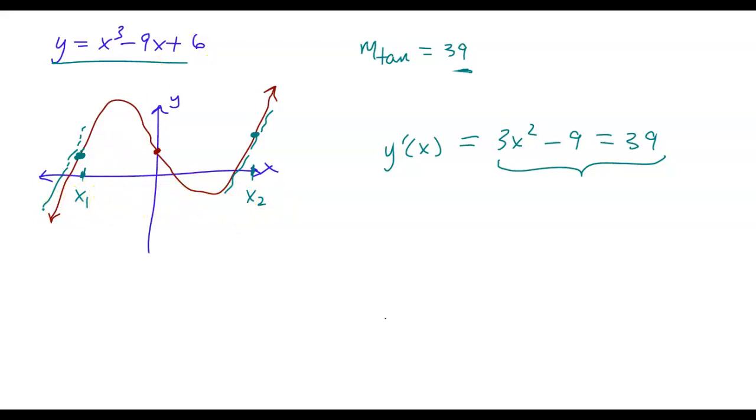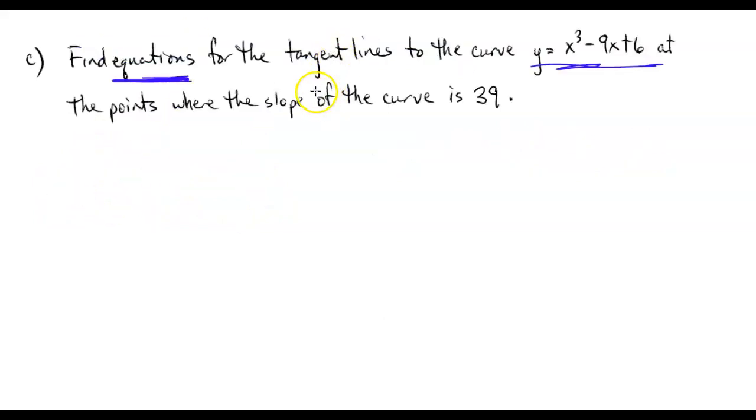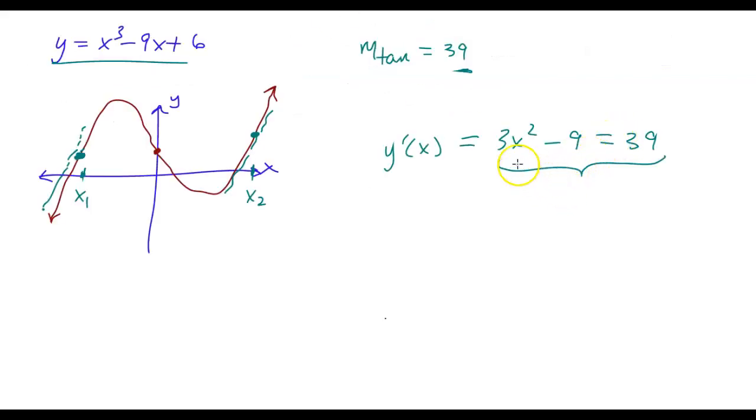Once we do that, we can use those x value locations to help us eventually find the equations of those tangent lines. If we find out what x is, that will give us the x coordinates.